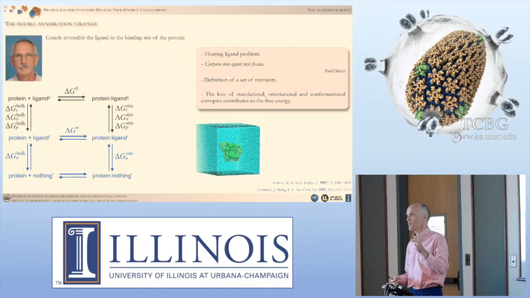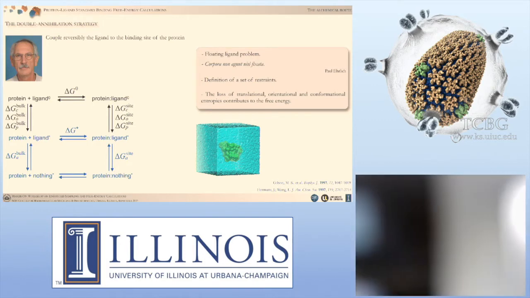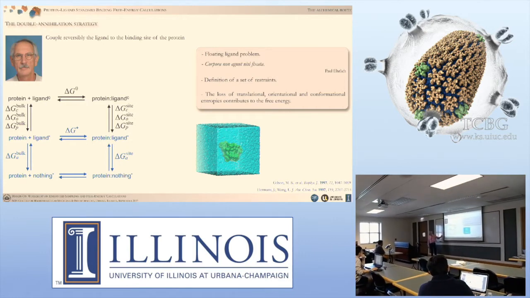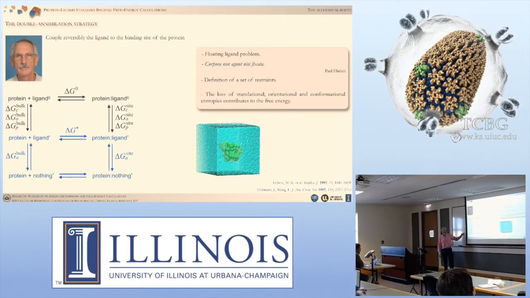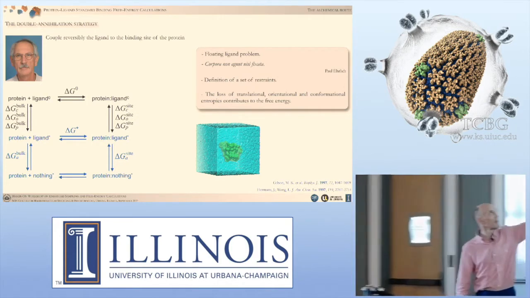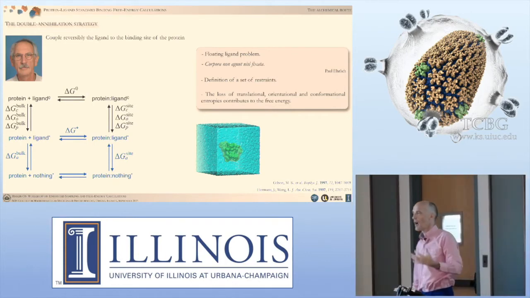But when I say frozen ligand, it shouldn't be construed as a constrained ligand, like holonomic constraints, it's just restrained. So we tether the ligand in the binding pocket. Once it's restrained, then you can do the alchemical transformation. And then when you add up all these terms, eventually you get your delta G0, which is your standard binding or absolute binding affinity.